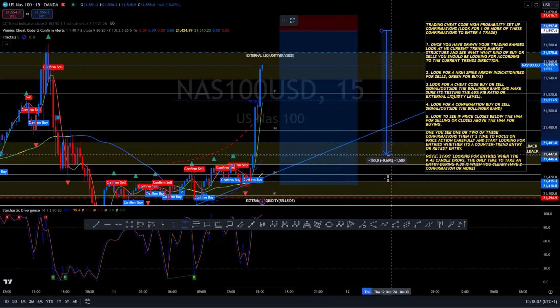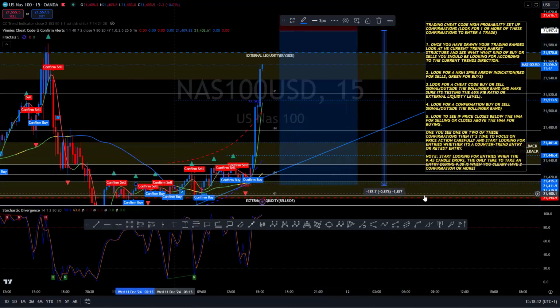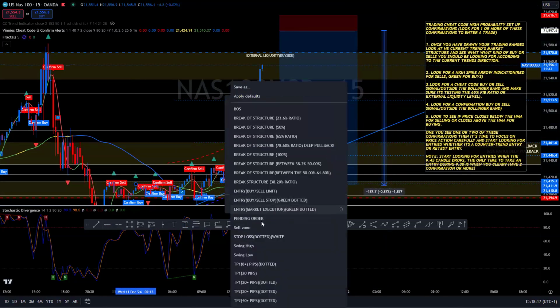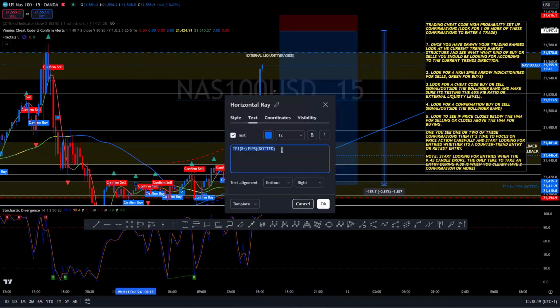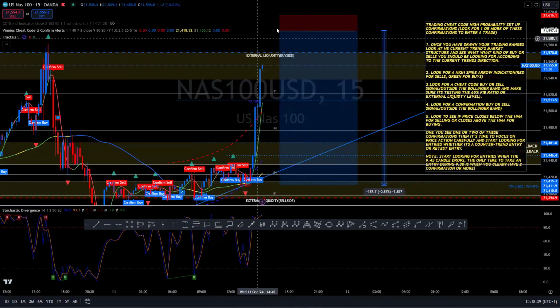This will be a huge move, 1,800 points. But that's what I'm going to be shooting for, and that's what we're going to be watching out for.